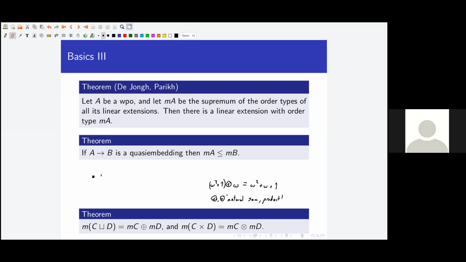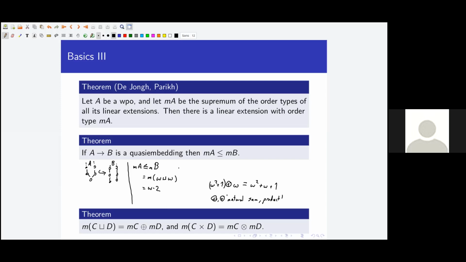Now, is there anything interesting we can say? Well, I'll draw that example again. If that's your A and that's your B, two copies of omega, and you quasi-embed the one into the other by whichever method you prefer, then the maximal order type of A is known to be less than that of B. And B is isomorphic to two omegas beside each other, which is omega times 2.